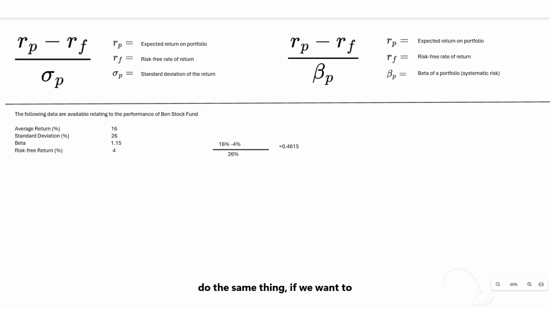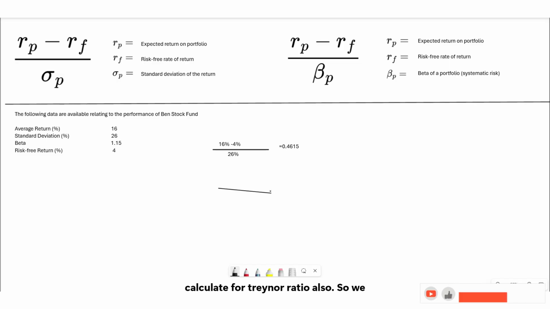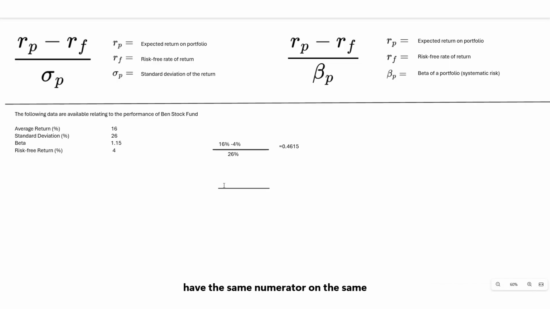If we want to calculate Treynor's ratio also, we have the same numerator, but now the denominator measures systematic risk, which is denoted by beta.